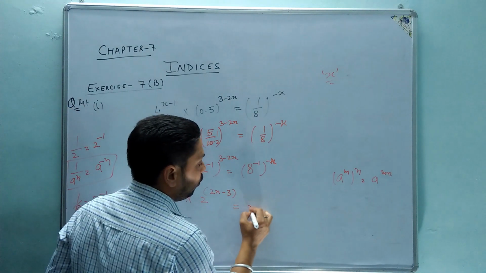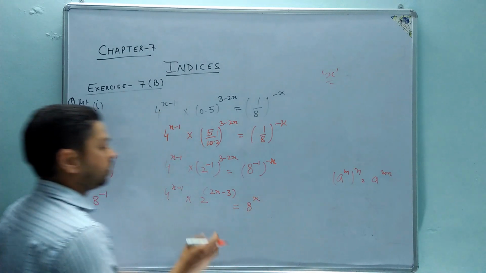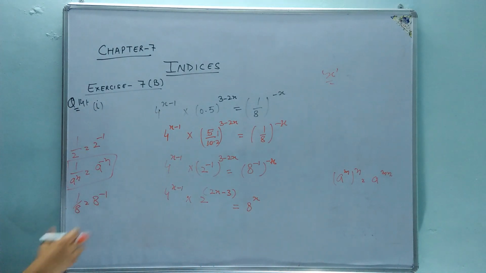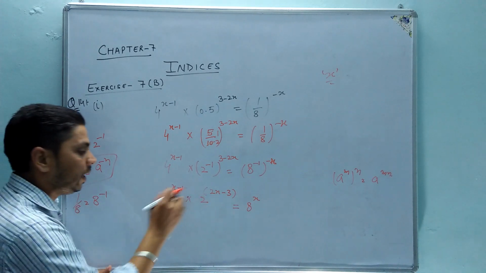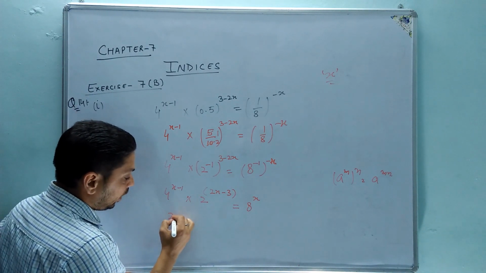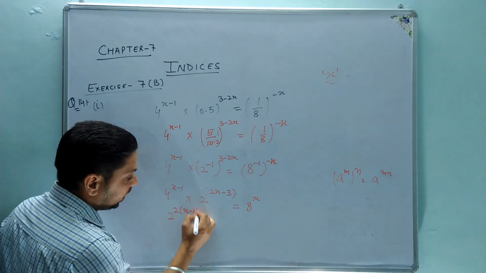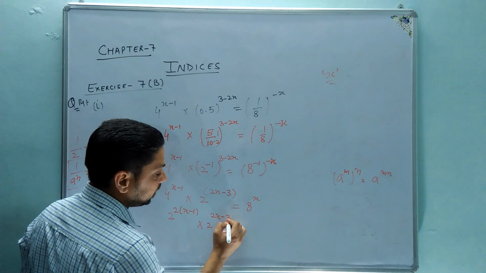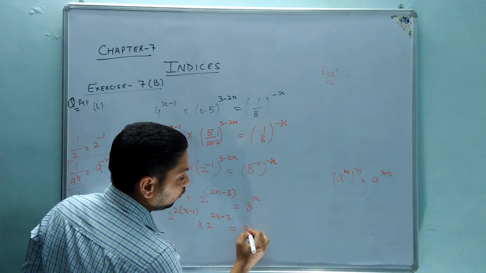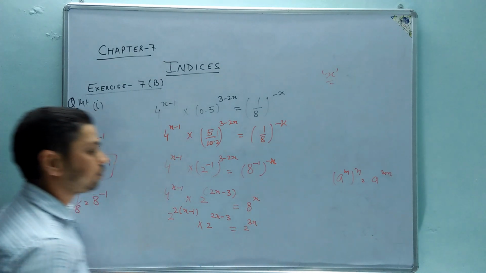This is equal to 8 raised to power x. Now if you look at the terms, are the bases the same? No, the bases are not the same. First make the base the same in each term: 2 raised to power 2 into x minus 1 multiplied by 2 raised to power 2x minus 3 is equal to 2 raised to power 3x.